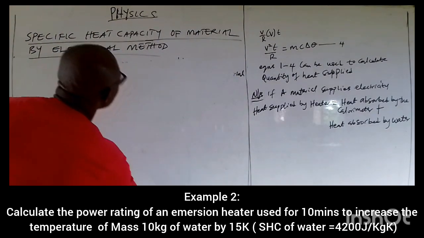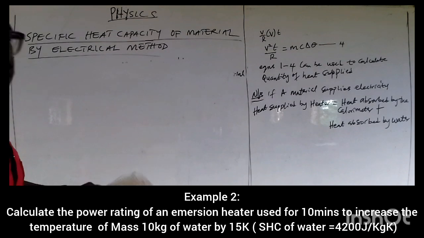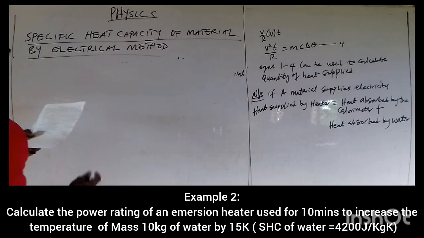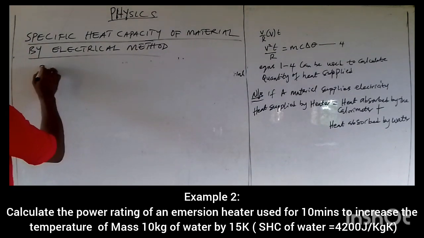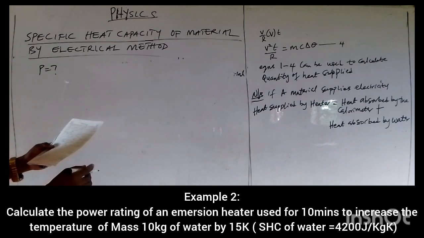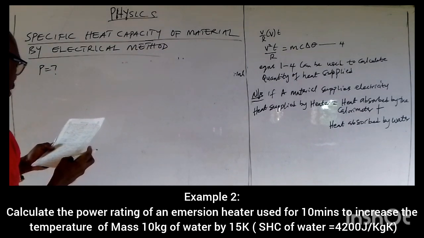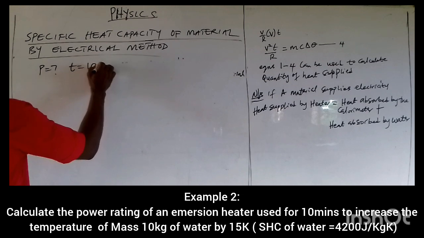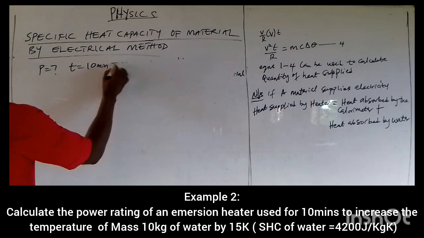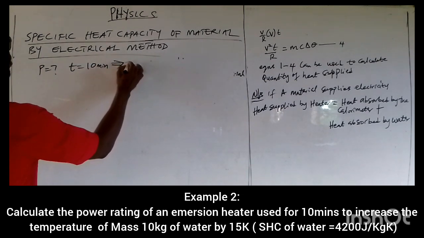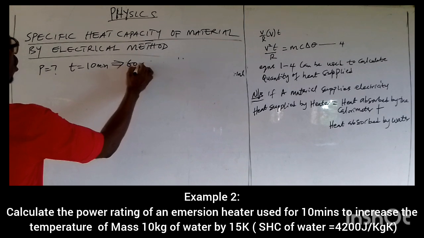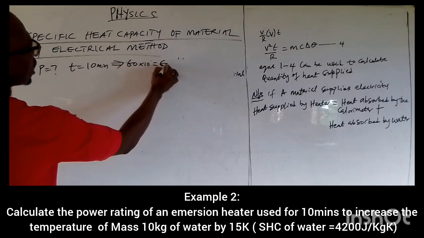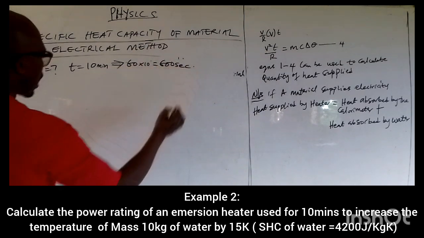So, solution, the power rating is what you are looking for, which is the power there. Now, the immersion heater was used for 10 minutes. T is 10 minutes. And of course, you can convert this into seconds by multiplying 60 seconds times 10 minutes, which will give us 600 seconds.